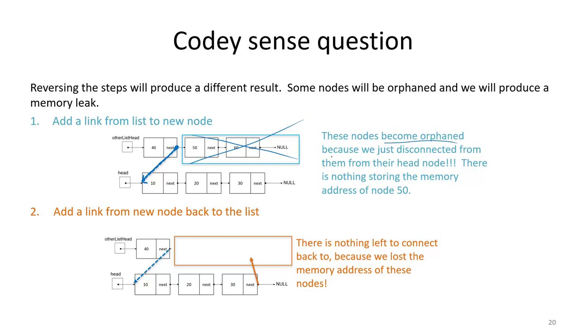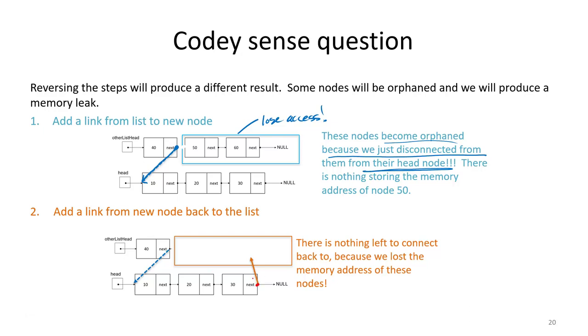These nodes become orphaned because we just disconnected those nodes from the head or other list head pointer. So we would lose access to these nodes. And this pointer next would no longer be connecting our node 40 to our node 50. It would now be connecting back this node 40 to the node containing 10.